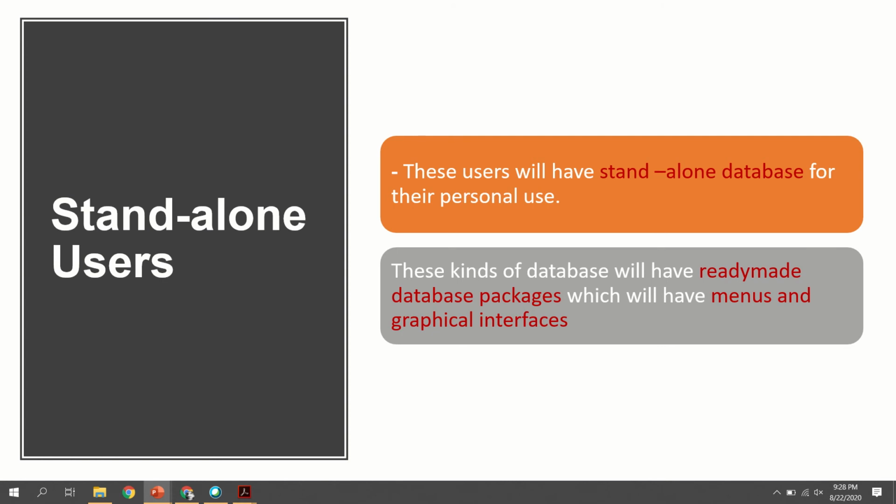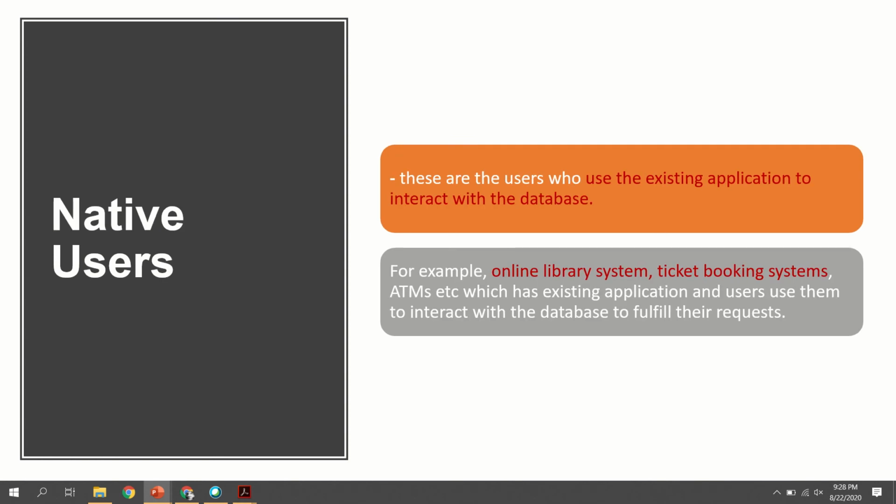But when we see the billing system, we can see that there is a graphical user interface, and using that graphical user interface, this type of user will interact with the database. And the last type of users we have to study is the naive users. These users are using the database through an existing application.